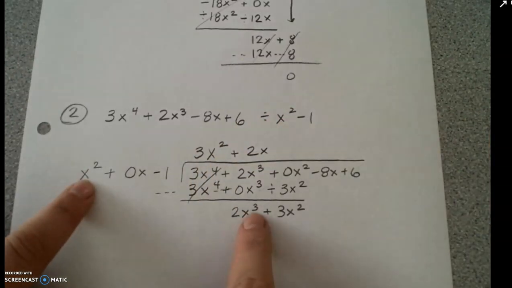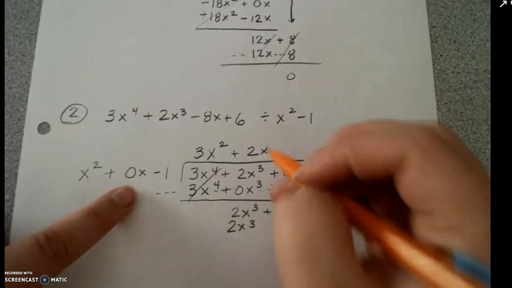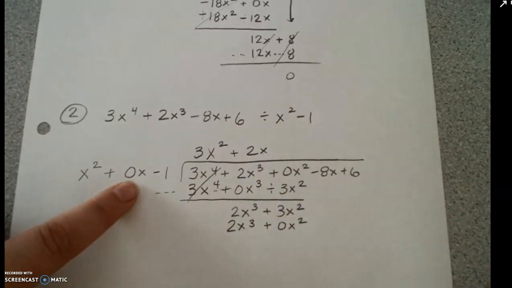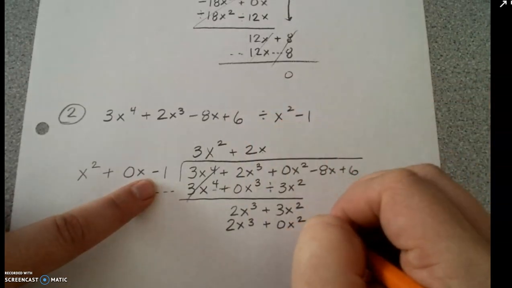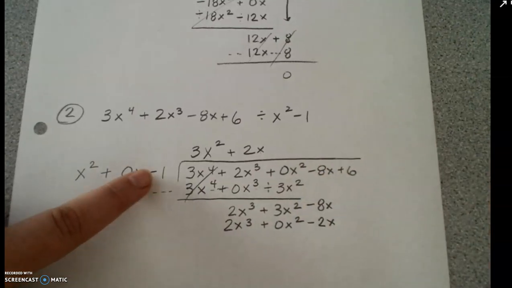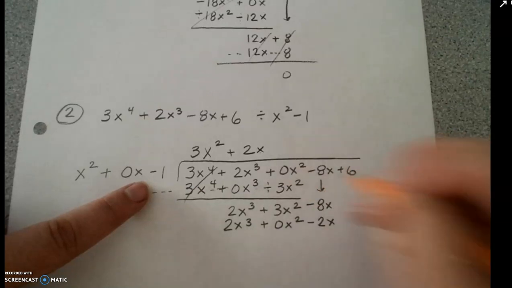Because I'm at 2, I want to get to 3. So that gives me 2x cubed. 2x times 0x is 0x squared. And negative 1 times 2x is negative 2x. Bring my negative 8x down so it lines up. I just always want to keep things lined up in their rows.